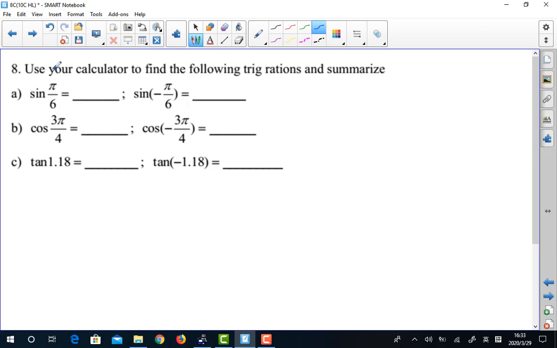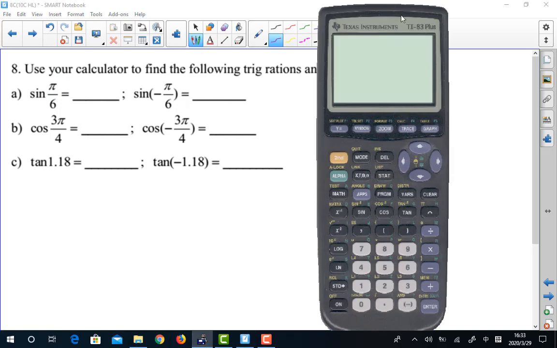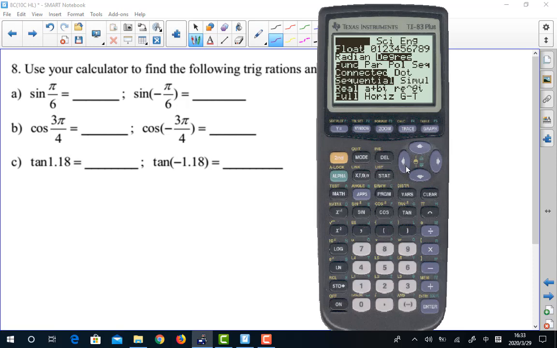Section 8. We still need to use the graphing calculator to find the following trig ratios and discover the pattern rule from each example. We change the angle measures to radians. So if I want to use the calculator, make sure you shift the mode from degrees back to radians. So let's quit.